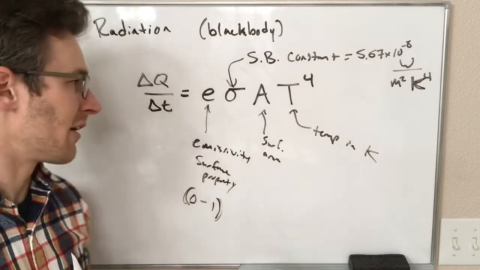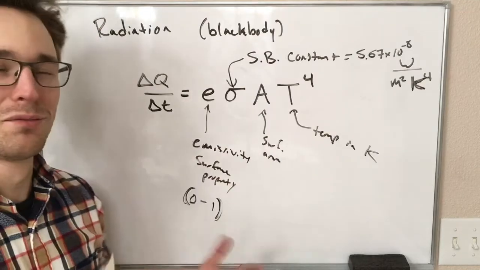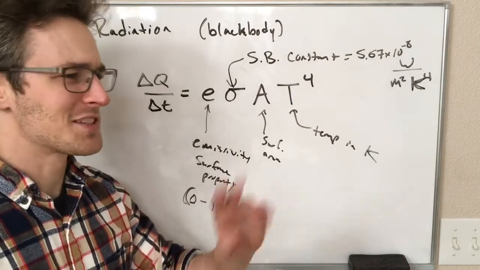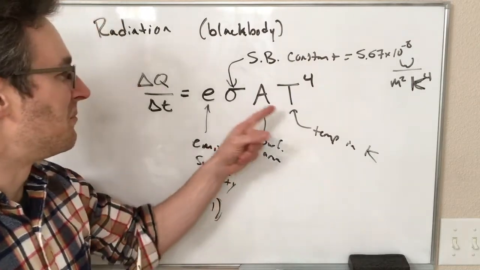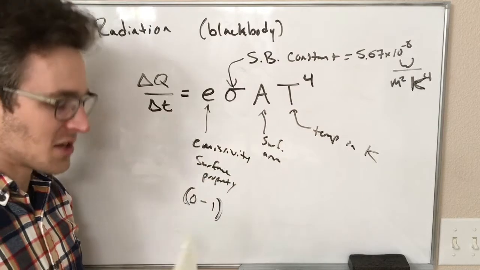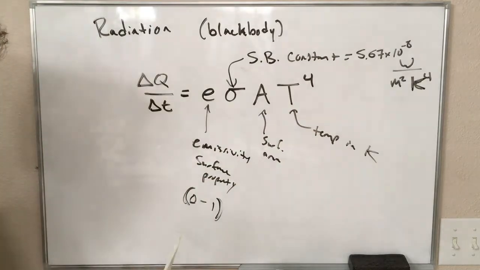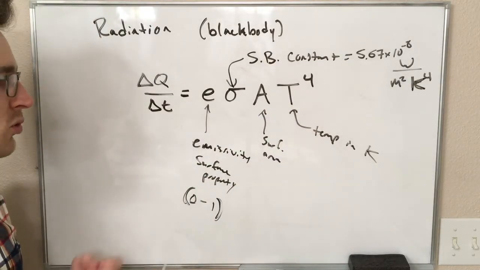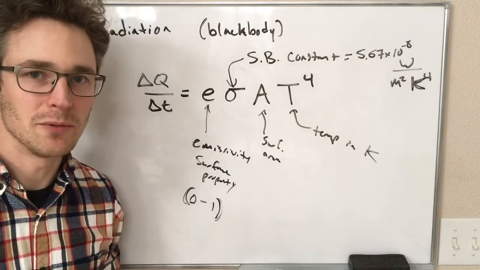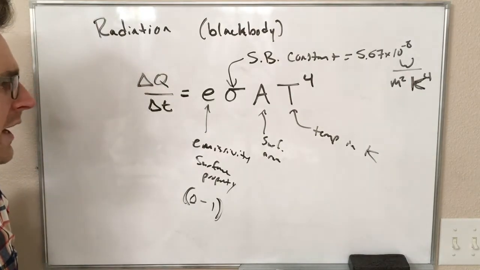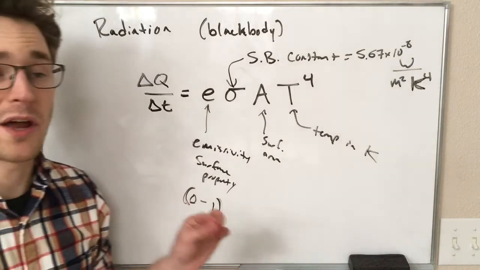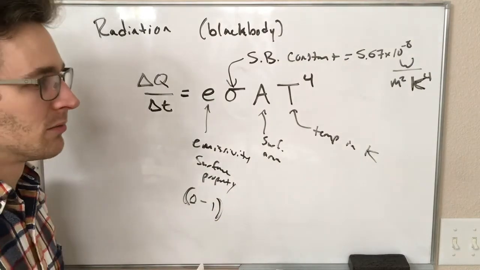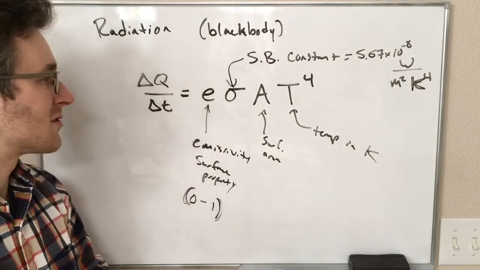If it's a cube, that's easy to calculate. If it's anything else, you can wave your hands and say, well, that's pretty close to a sphere. But T to the fourth is where this really gets kind of crazy. If you have something at room temperature, 300 Kelvin, it's emitting some black body radiation that we can't see or feel, but we can detect if we have the right instruments.